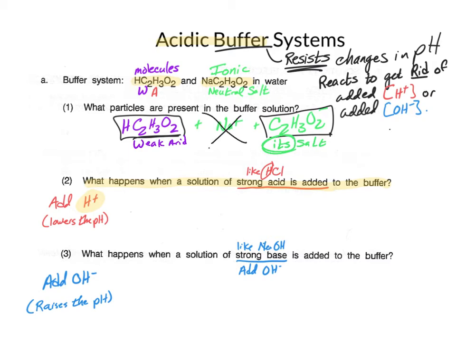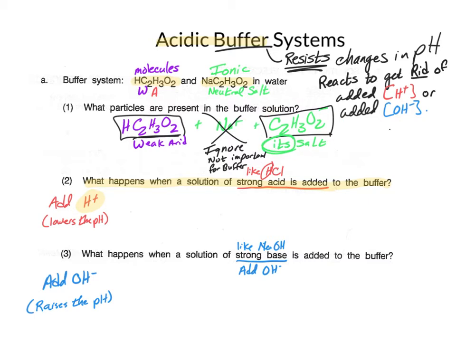So in this case, sodium is not really part of the buffer. The sodium has to be there to be part of the salt and to help dissolve the acetate, but it is not a requirement for the buffer system. So that means the only two items that we're looking at for the buffer system are hydrogen acetate and the acetate ion.